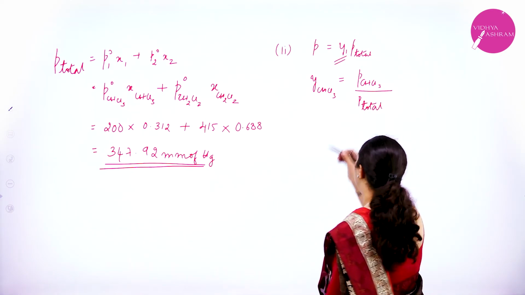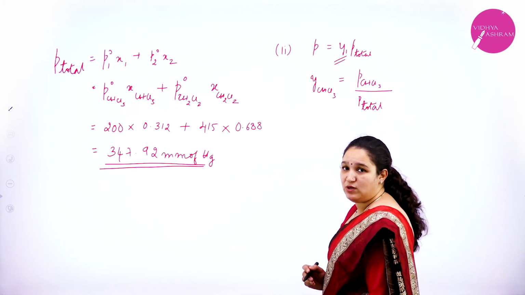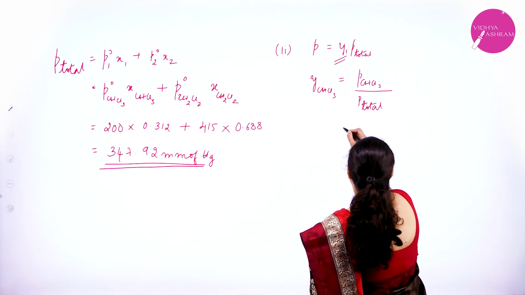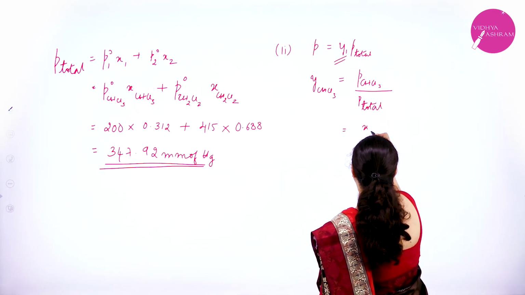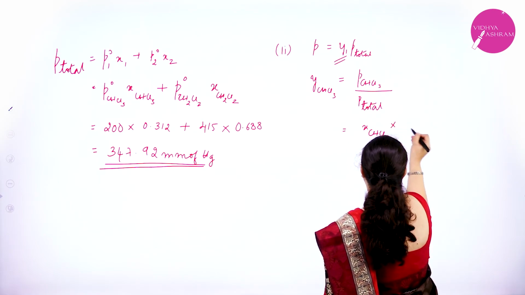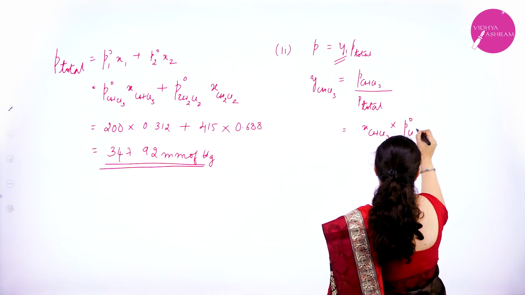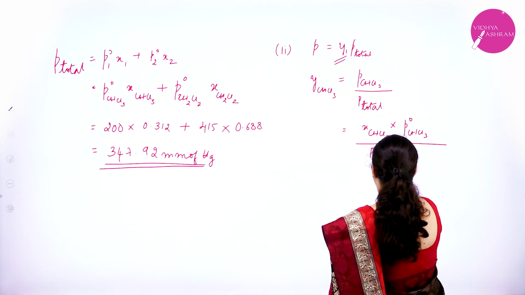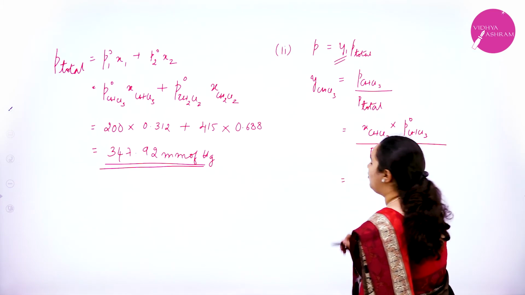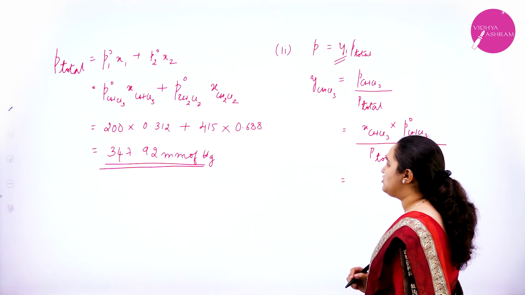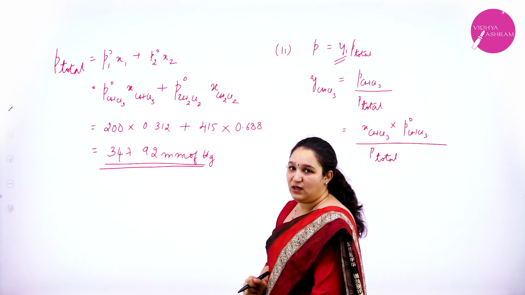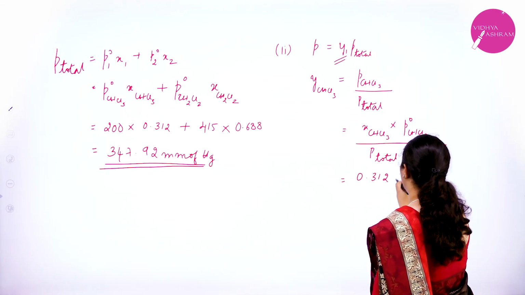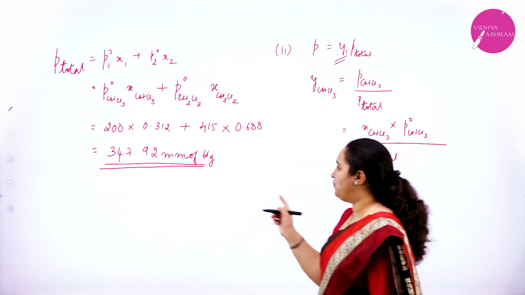Okay. So here the partial pressure of CHCl3 is what? It is the mole fraction into the partial pressure of the pure component. I will substitute here: mole fraction of CHCl3 into partial pressure of the pure component divided by P total. Now this we have already calculated. What is the mole fraction of chloroform? I have written here 0.312 into what is the partial pressure of pure chloroform?